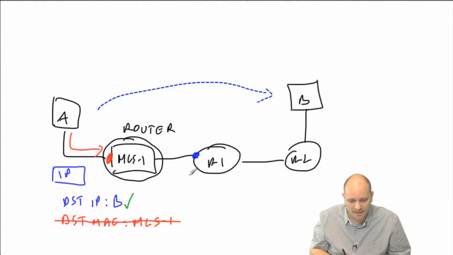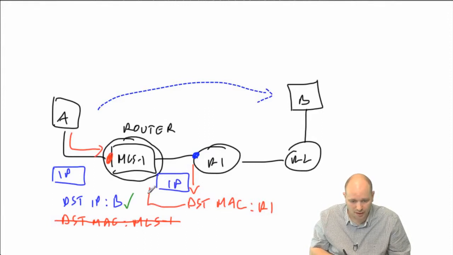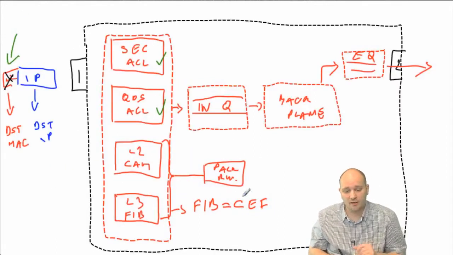What I need to do is determine what is going to be the new destination MAC address for this packet here and insert that information in the packet that is going to be sent from MLS1 to R1. So I need to build the new layer 2 header on the IP packet that I'm sending. This is what the packet rewrite function does.